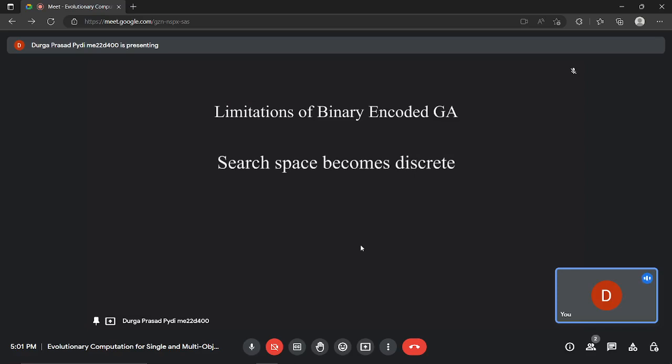What exactly is this? Say you have a variable x that you want to encode in terms of binary numbers. So for example, x belongs to a certain domain, x lower limit to x upper limit.